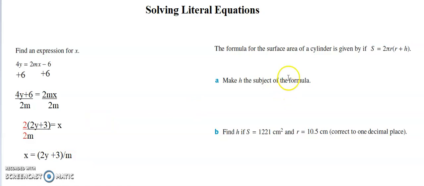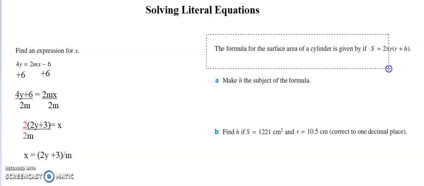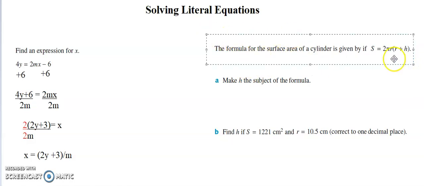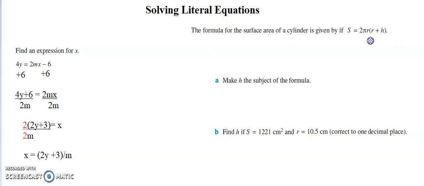Let's have a go with this next question. We do lots of transposing, especially when we are doing questions and using formulas. In this case, we are using the formula for surface area of a cylinder, given by surface area equals 2 pi r in brackets r plus h.